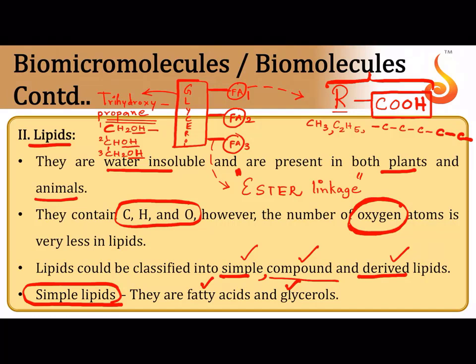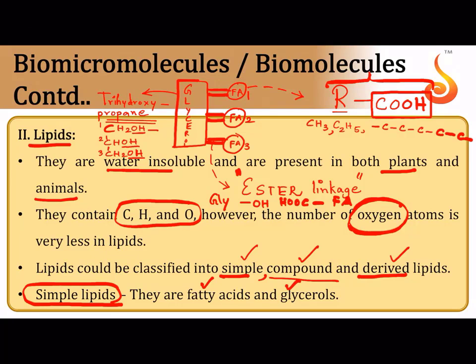So remember, when an ester bond is formed, it involves the OH group of the glycerol molecule and the COOH group of the fatty acid. So both of them react together to form these bonds which I am highlighting here. These bonds are referred to as ester linkage.